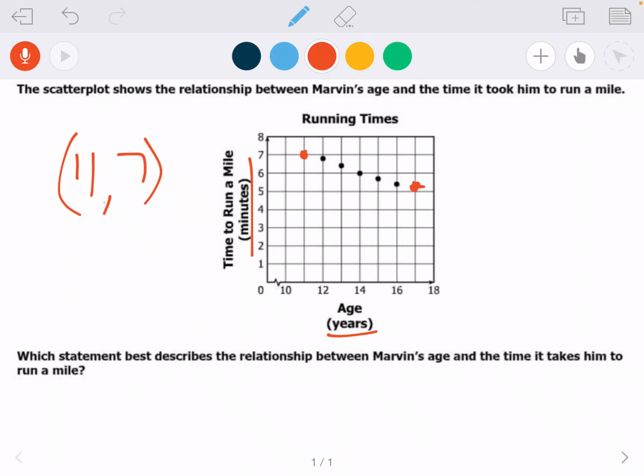If we look on the far right, it looks like he is 17 years old, and you can just estimate, it's a little bit above the 5, so maybe 5.25 minutes. So maybe 5 minutes and 15 seconds or something like that.